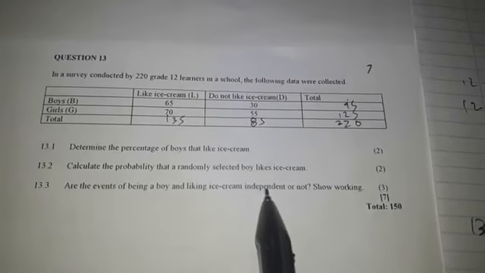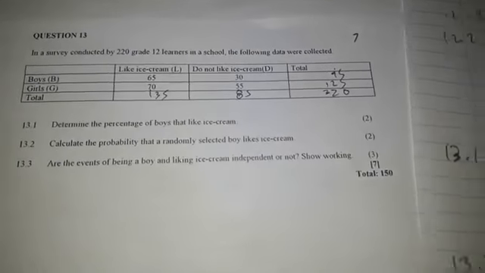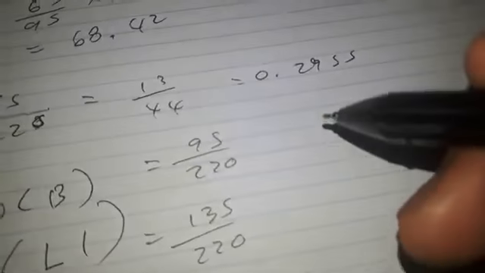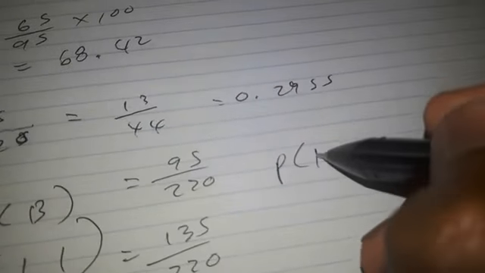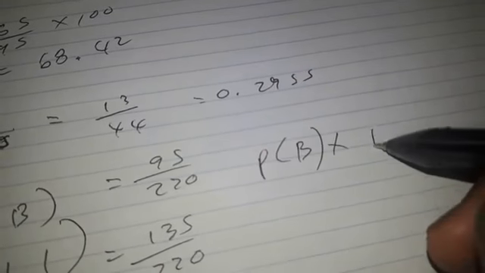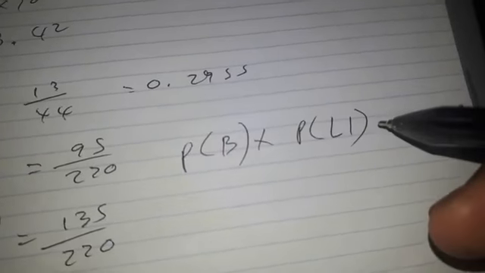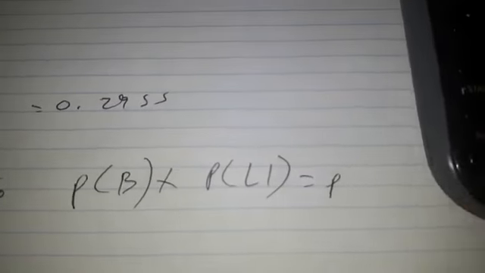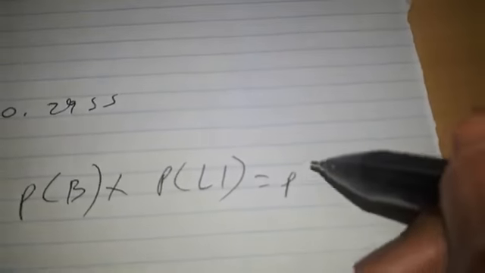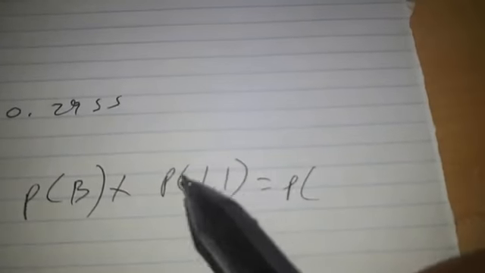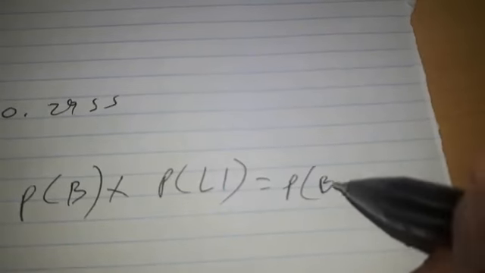So these two events, are they independent events or not? What we know about independent events is that the probability of being a boy times the probability of liking ice cream should be equal to the probability of being a boy and liking ice cream.